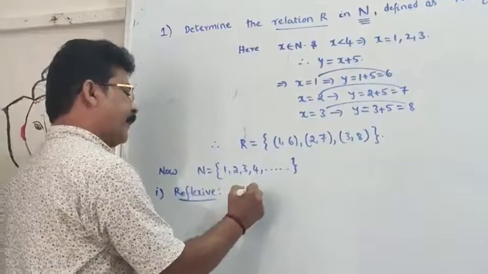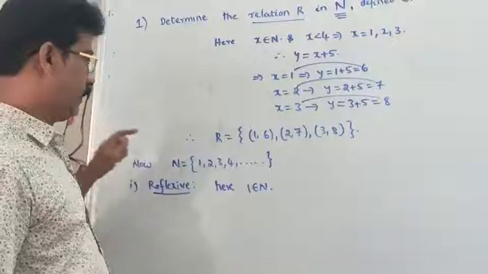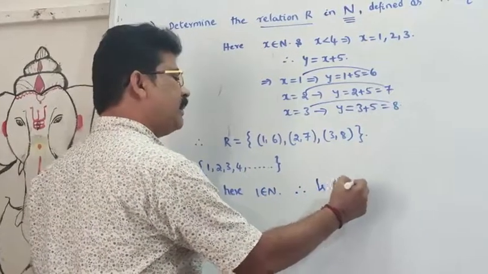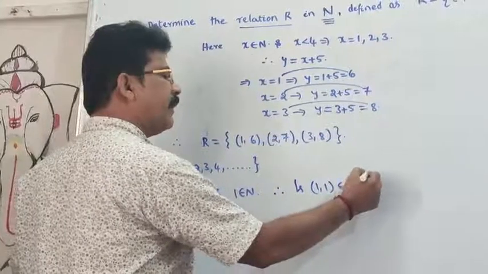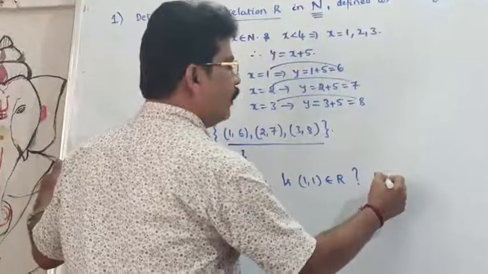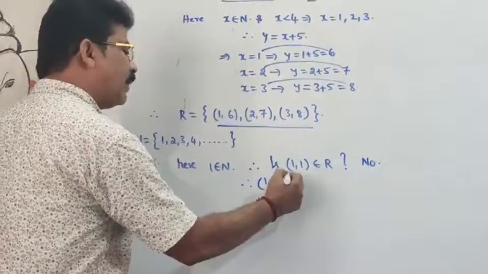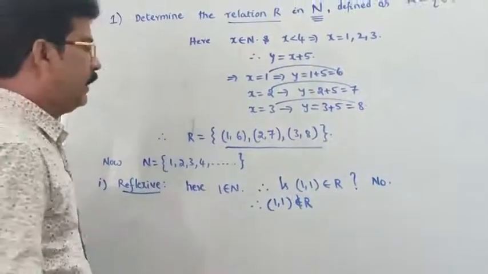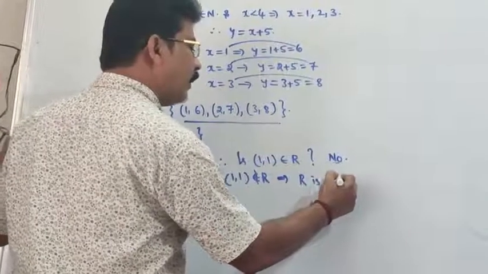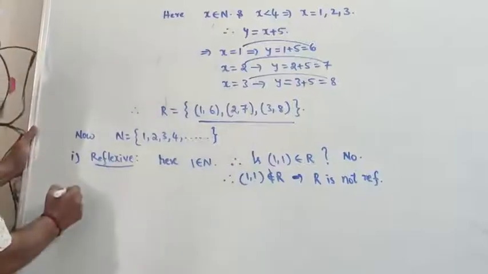Here 1 belongs to main set capital N. Therefore, is (1, 1) in capital R? No. Therefore, (1, 1) does not belong to capital R. Therefore, R is not reflexive.